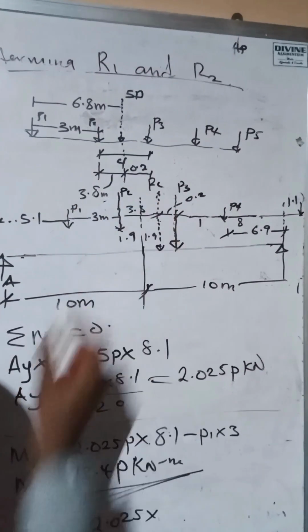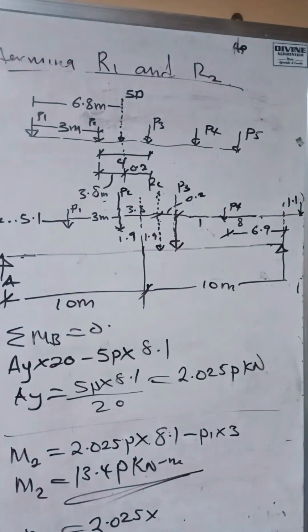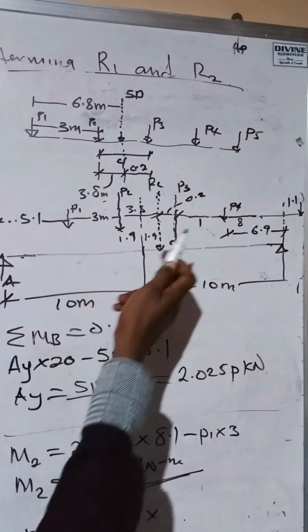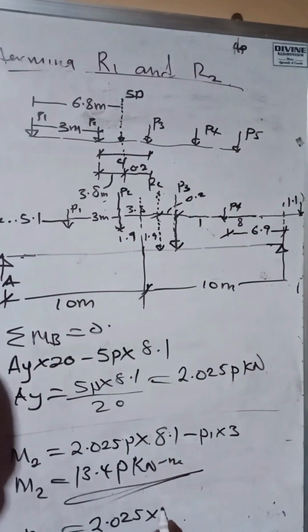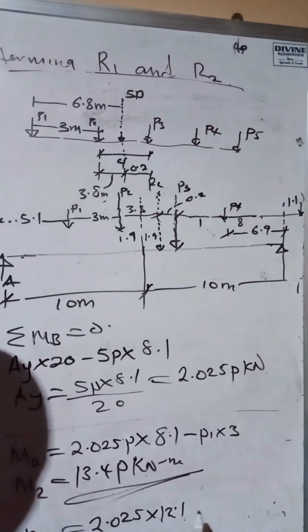Here's our resultant load and here's our P2. We have 10 plus 1.9, that will give us 11.9, plus 0.2 will give us 12.1. So from support A to P3 is 12.1. So the moment becomes 2.025 times 12.1.